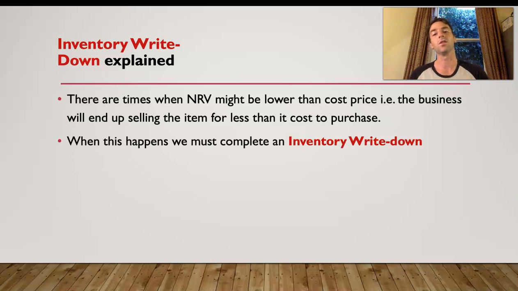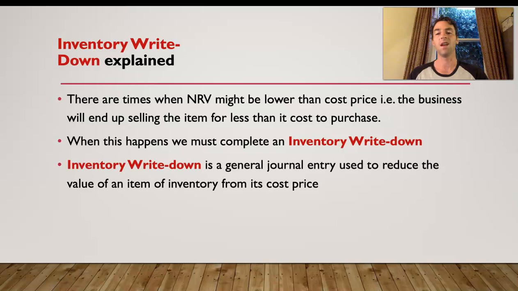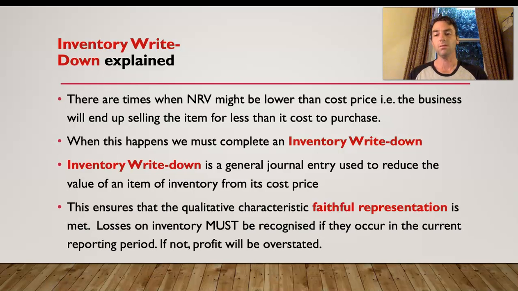When this happens, we must complete a record called an inventory write-down. An inventory write-down is a journal entry used to reduce the value of the inventory from its cost price. We need to reduce the value of our inventory because it's not faithfully representing what its value is anymore.